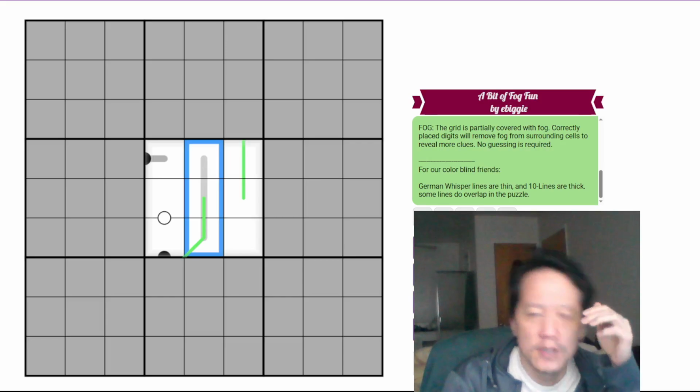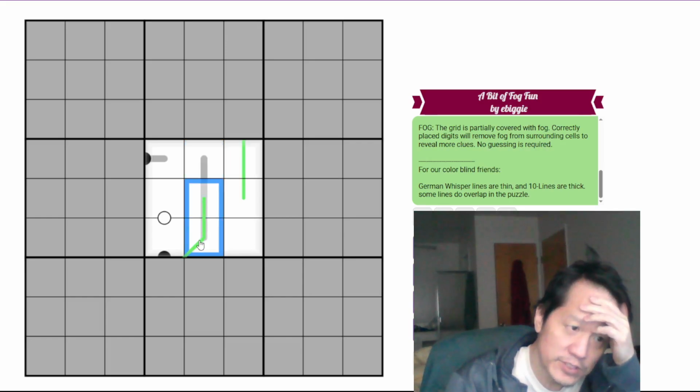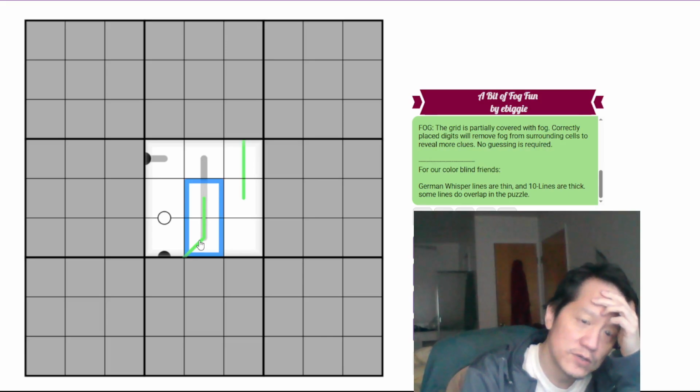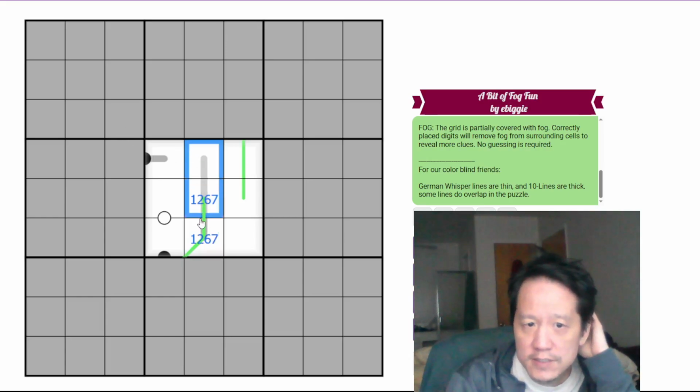So, what does that mean? Means these 2 digits must differ by at least 5. So it's either at least 1 6 or it could be 2 7 here. Either way, in this 10 line, sorry, you have to have a 1, right?